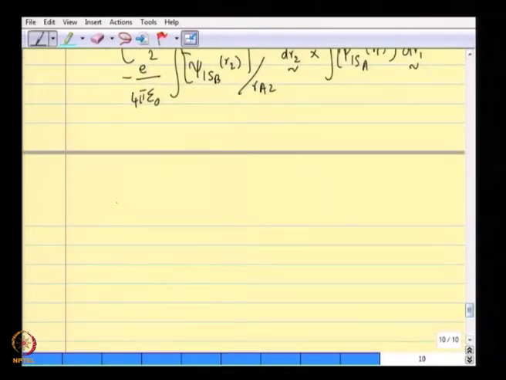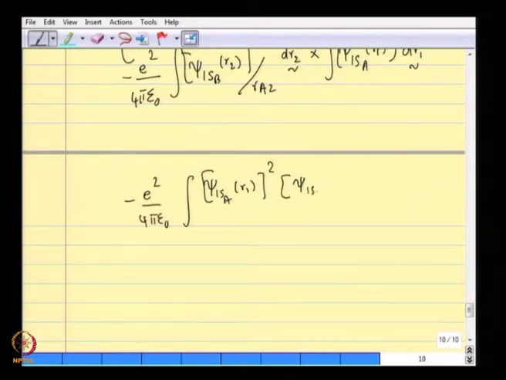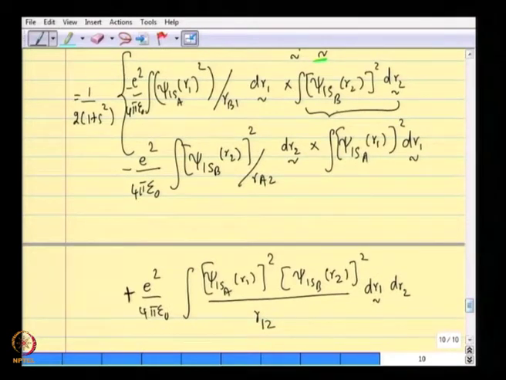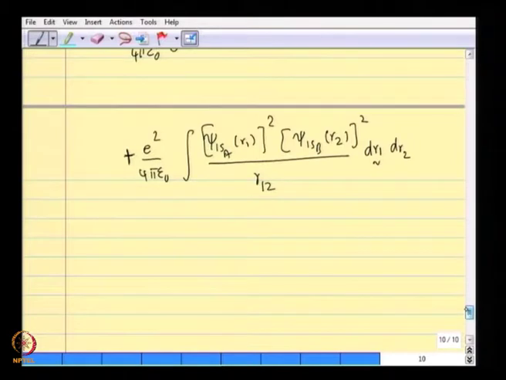Okay. And the last, of course, of the terms is minus e square by 4 pi epsilon naught, integral psi 1s a of r1 squared psi 1s b of r2 squared divided by r12, d r1 d r2, all inside this big curly bracket, and the last term, which is plus e square by 4 pi epsilon naught into 1 by r a b, because whatever is left over is integrated to 1 due to normalization.